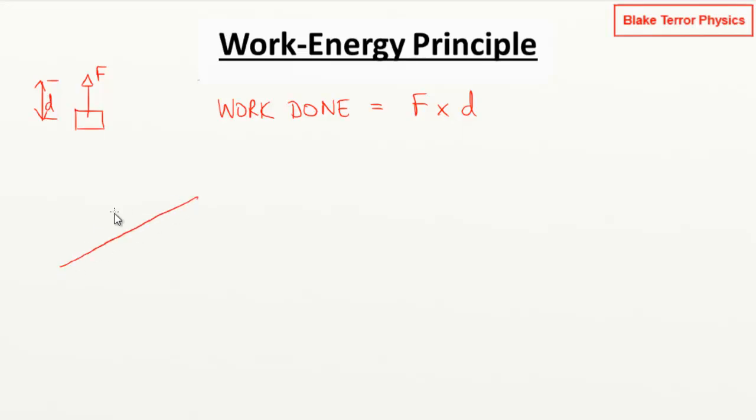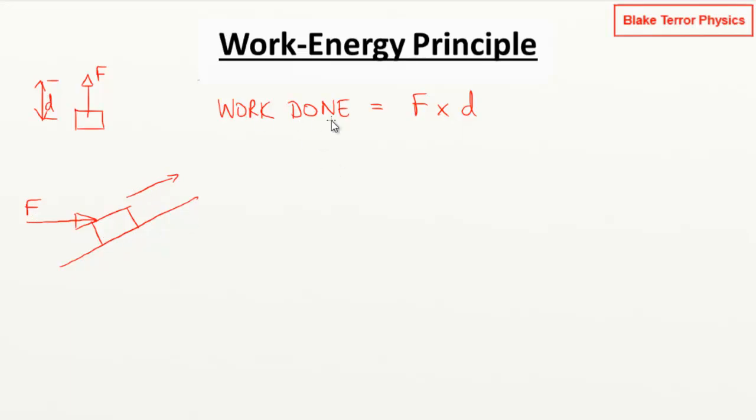Say our object was sitting on a sloping surface and we were pushing it in a horizontal direction, and then the object was moving up the slope. So the force isn't being applied in the direction of motion.